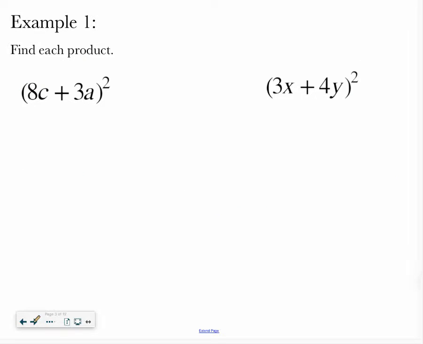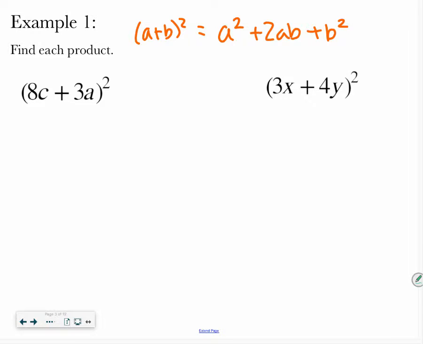So let's practice. Let's quickly rewrite down what we had. So when you have a square of a sum, that's the same as taking that first term squared plus 2 times the first and second term plus the second term squared.